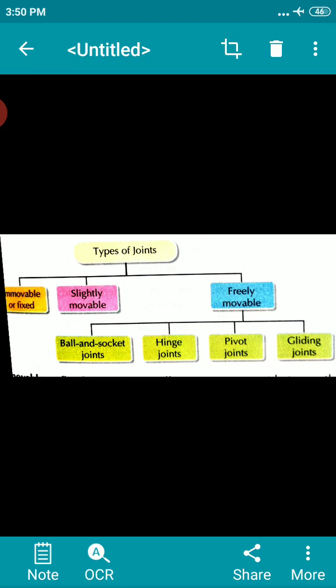Why are the joints there? Because with one bone we cannot move, and with many bones fixed together we also cannot move. So there should be joints so that we can bend or rotate our body.